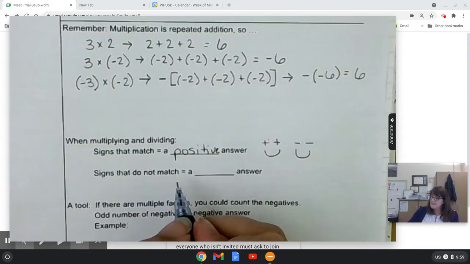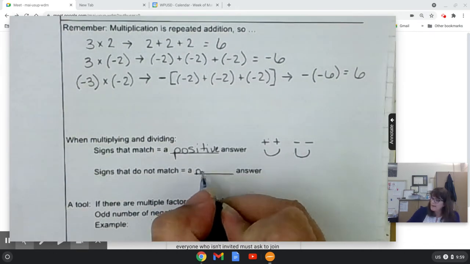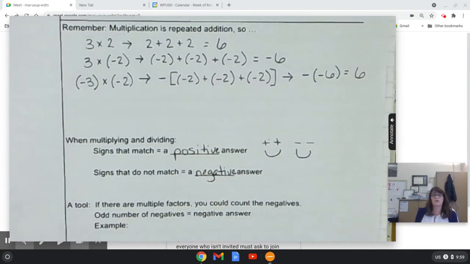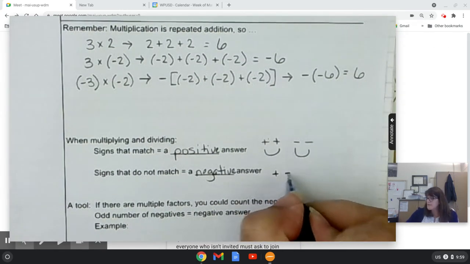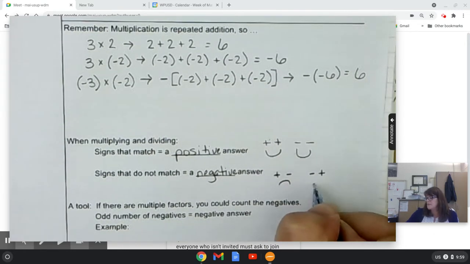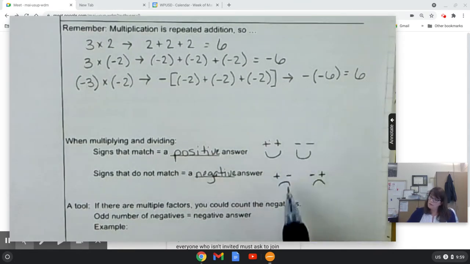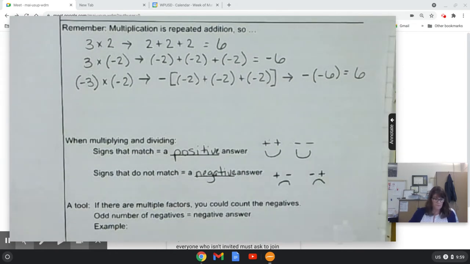If I have signs that don't match, I have a negative answer. Okay, so if my signs don't match, positive times a negative or negative times a positive, I mean, those poor guys just look like they got punched in the face. Okay, so that is what you are looking for.